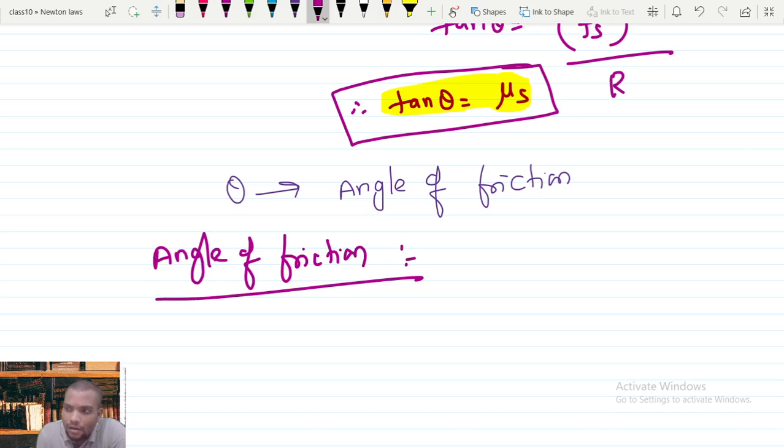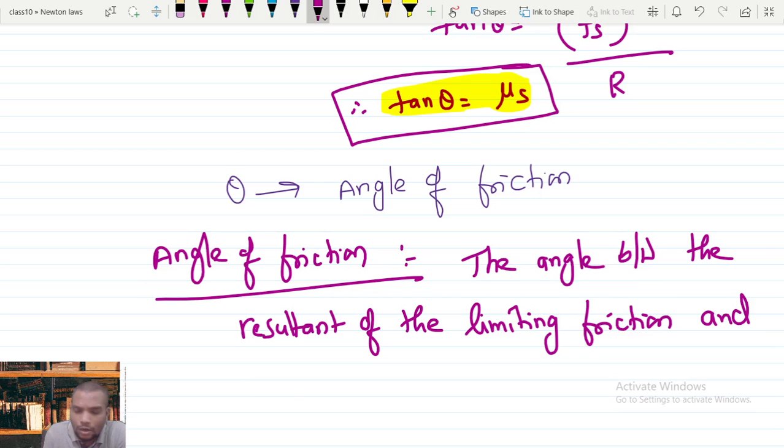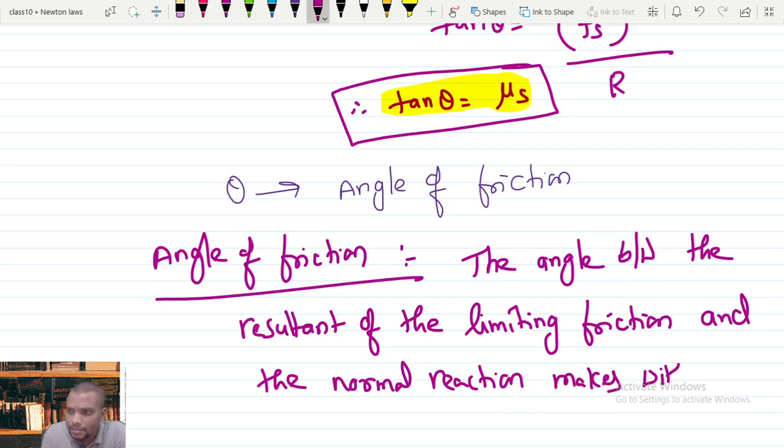The angle of friction is defined as the angle between the resultant of the limiting friction and the normal reaction, which it makes with the normal reaction.